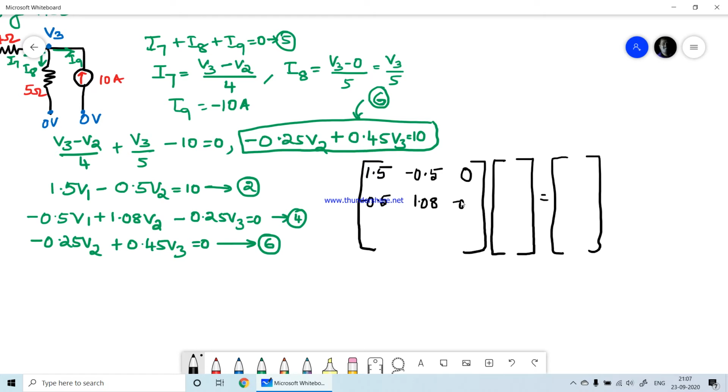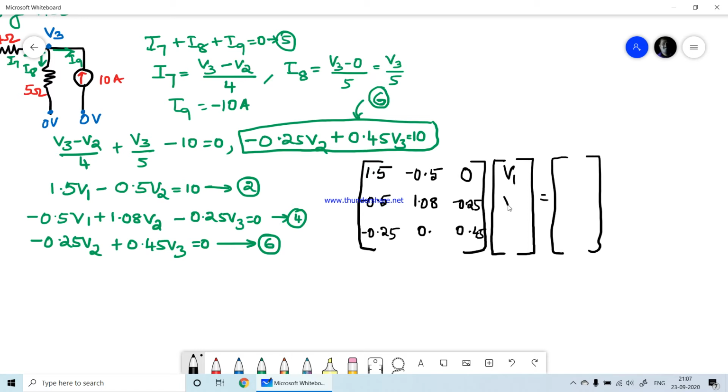Then we have 0 for V1 because we don't have V1 in that, then minus 0.25, then plus 0.45.